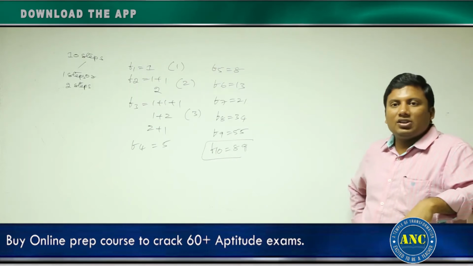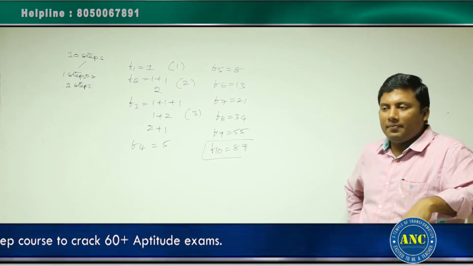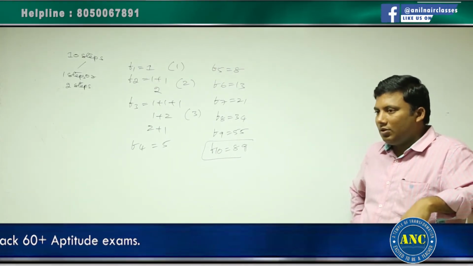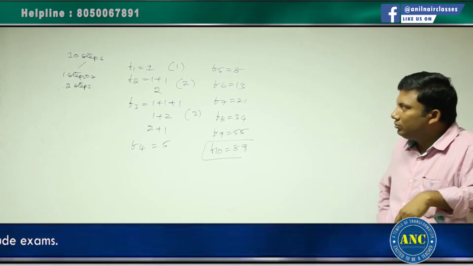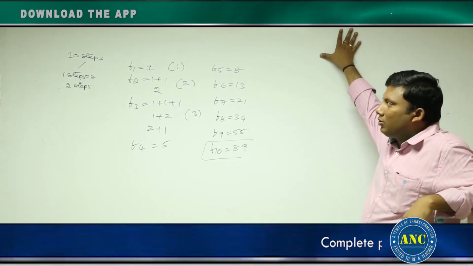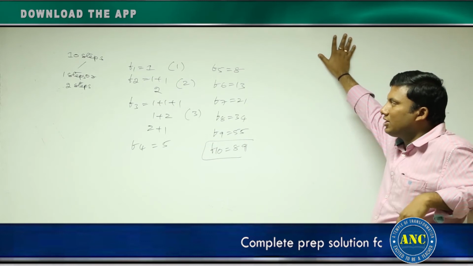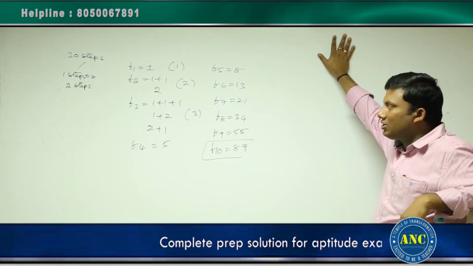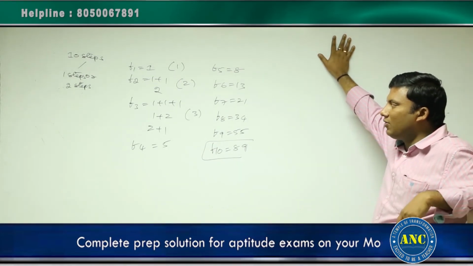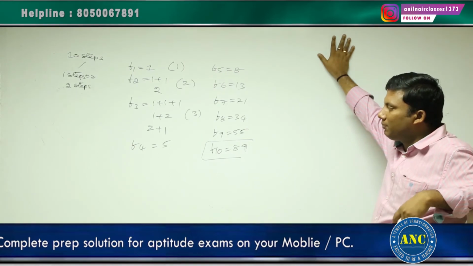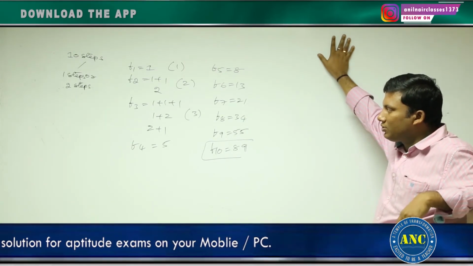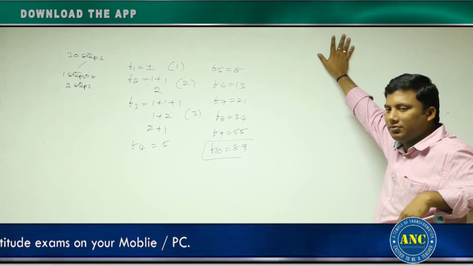A beautiful application of a Fibonacci. Either 1 step or 2 steps. First step only 1, second step 1 plus 1 or 2, third step 1 plus 1 plus 1 or 1 plus 2 or 2 plus 1. 1 plus 2 is 3, 3 plus 2 is 5, 5 plus 3 is 8, and so on.